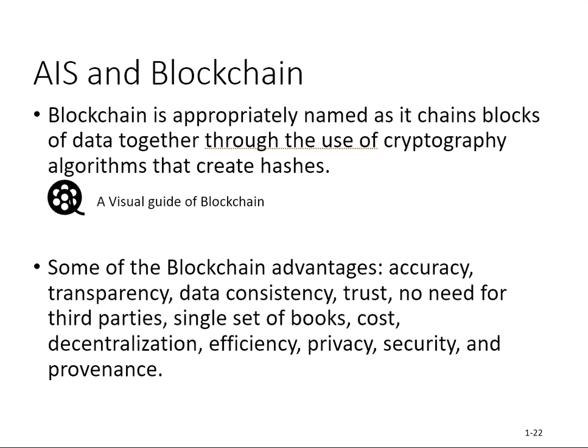Some computers may contain inconsistent data, but the network will verify it and it becomes useless in the blockchain. There are many other advantages of blockchain, and I believe it has potential, especially in accounting, AIS, information auditing.